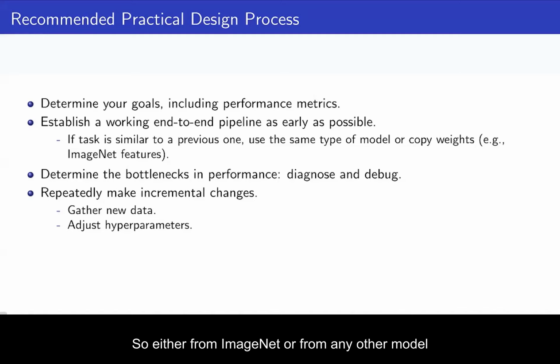So either from ImageNet or from any other model that's trained on a large scale data set that's publicly available, for example. And if you can't initialize the entire network with pre-trained weights from this other model, then what you should do is to at least see if you can initialize a few layers from this pre-trained model. And this really, really helps in practice.